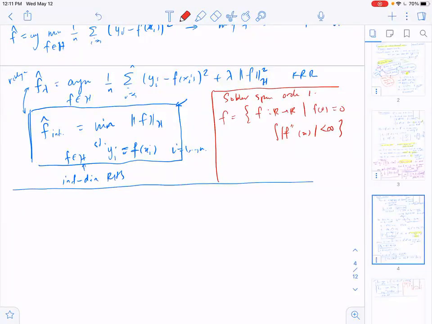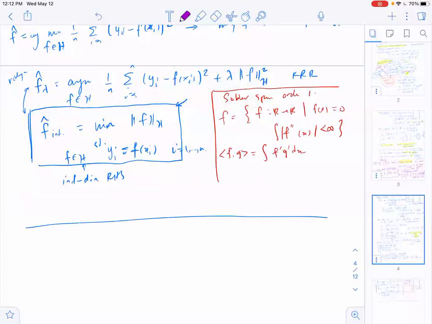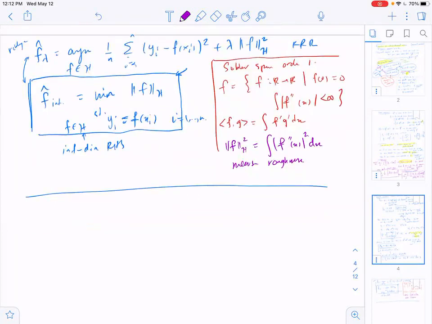The inner product would be just the integral of f prime g prime dx, and the norm here turns out to be just the integral of f double prime squared dx, and so this measures some sort of roughness. The smoother the function is, the smaller the norm, and so the f hat lambda, this guy, becomes an interesting object.